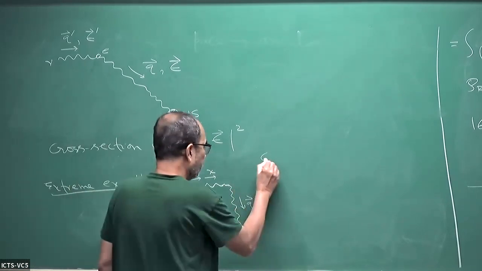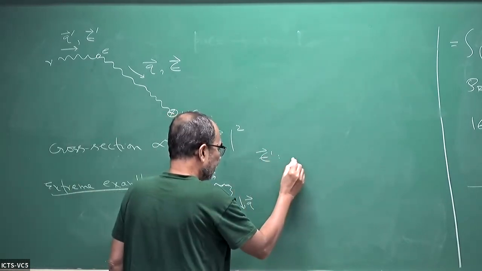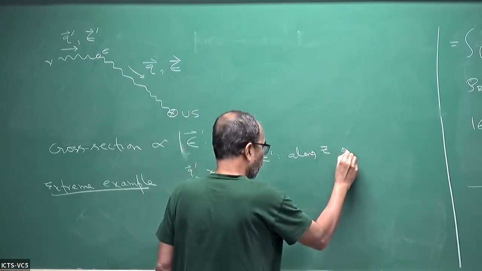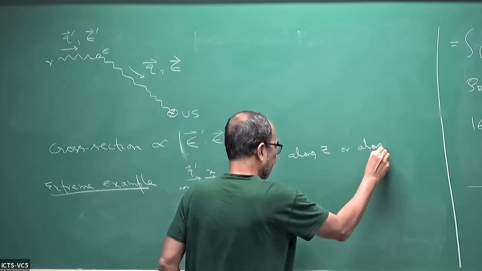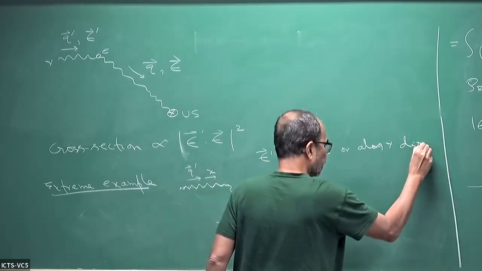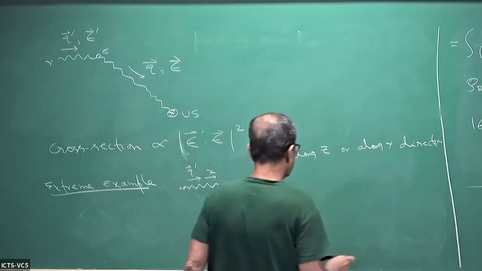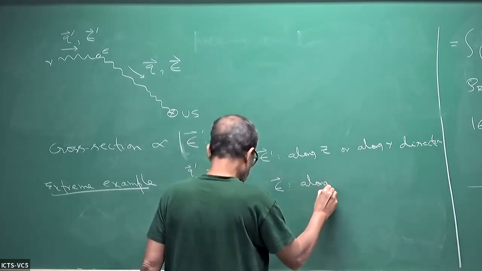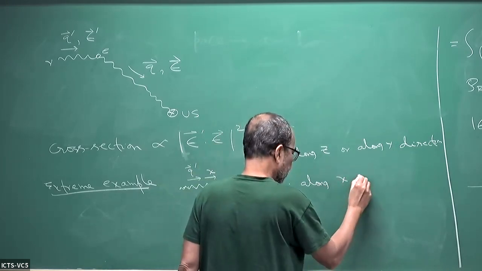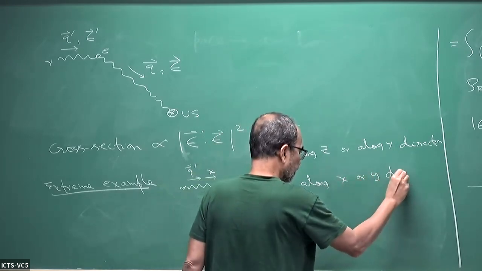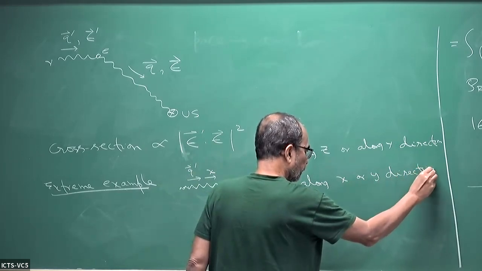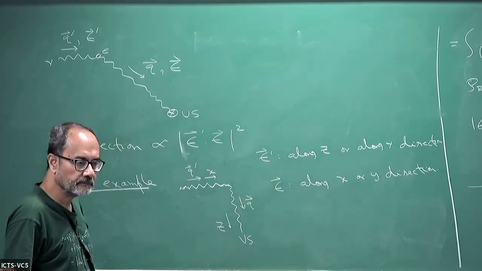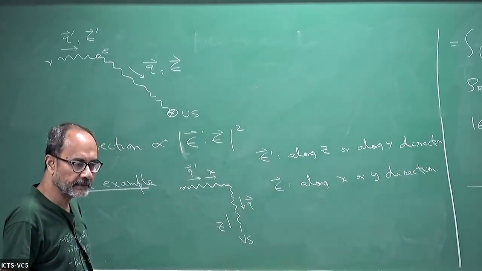Then epsilon prime could be either along Z direction or along Y direction. And epsilon can be along X direction.